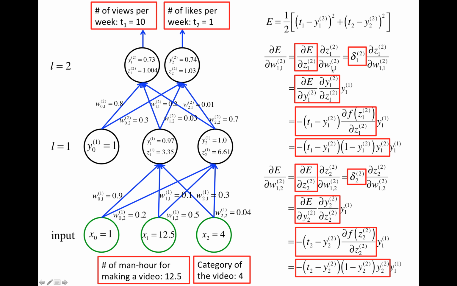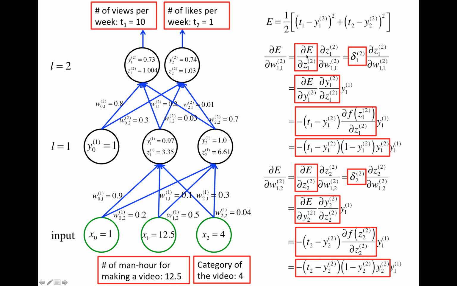Here we introduce a definition, a new symbol. We define the derivative of the error with respect to the logit Z21 as delta 21. So delta 21 just represents this derivative of the error with respect to logit Z21. It's just a shorthand notation for this particular derivative.